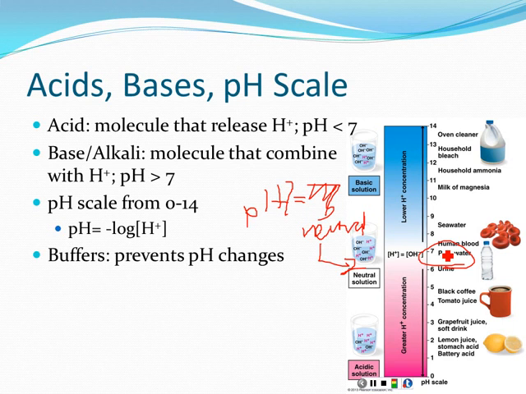Very good. If something is pH 3, how much more acidic is it than pH 5? From 5 to 4, it's 10 times. From 4 to 3, it's 10 times again. So 100 times.